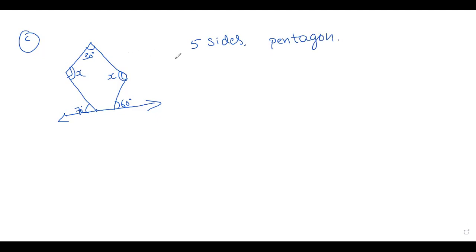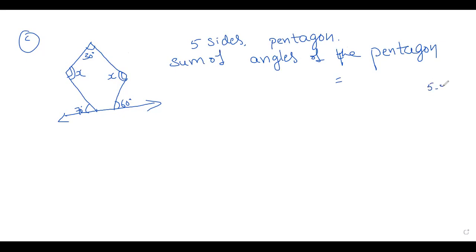So what is the sum of angles of a pentagon? You already know how to find it, right? 5 sides are there, so 5 minus 2 into 180. 5 minus 2 is 3, that is 540.